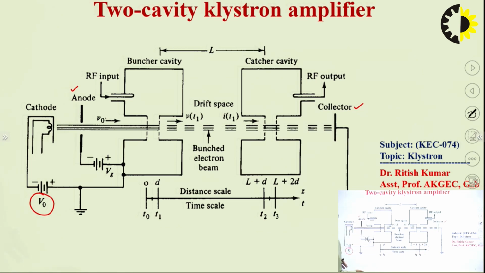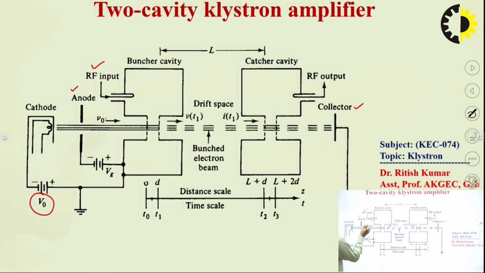Now suppose in this cavity you can see we have applied the RF input signal here. Suppose initially we have applied no input. Then whatever the velocity of the electron is, it is not affected by the presence of this cavity, because you haven't applied the RF input signal here.